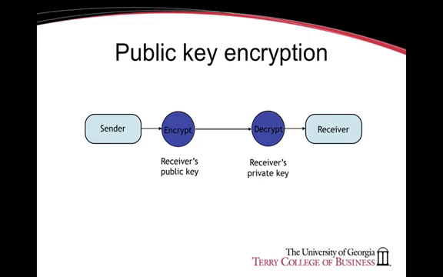Public key encryption is really the way encryption is performed on the internet, on the World Wide Web. In public key encryption, there are actually two keys. There is a key known as the public key, and there is a private key. When we want to encrypt something to be received by another individual, we will use the receiver's public key to encrypt that information.